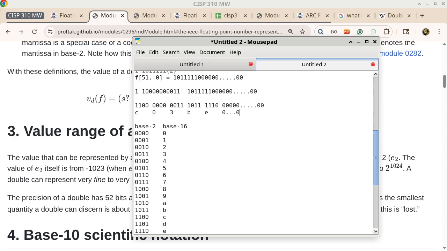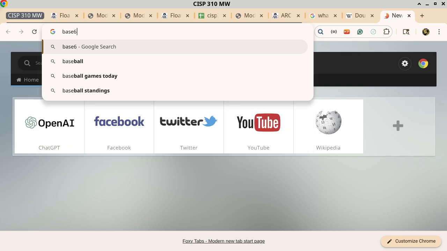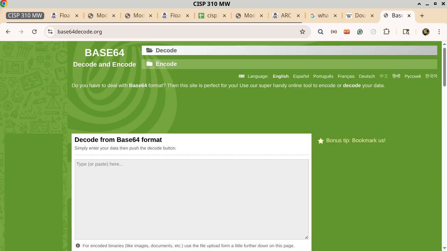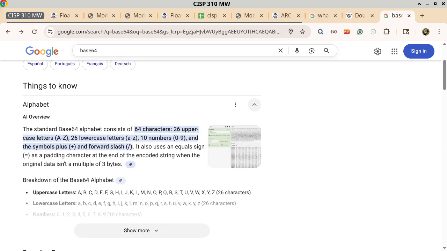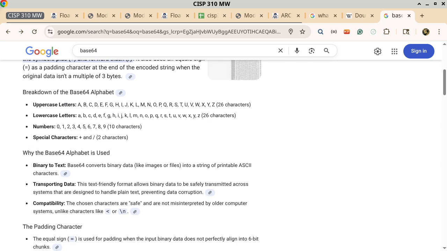Base 64 is a real thing, and you can look up how they convert. You can look up base 64 encode and decode. This is a tool to do the encoding and decoding, but you can also look up the alphabet. They use all the uppercase, all the lowercase, all the numbers, and then some of the special characters.